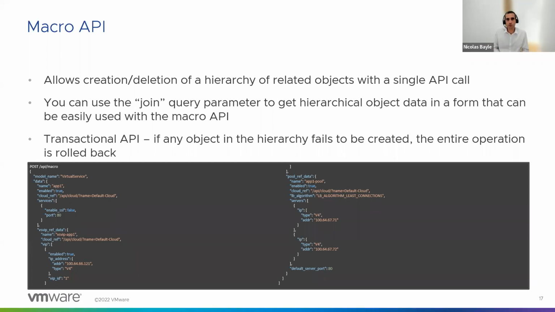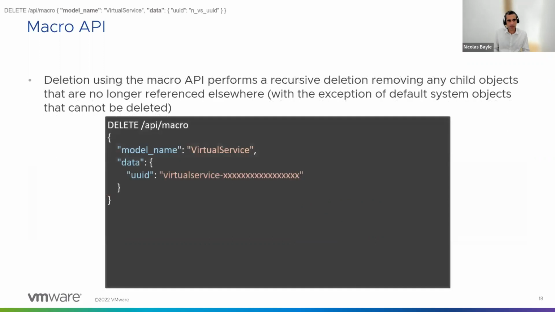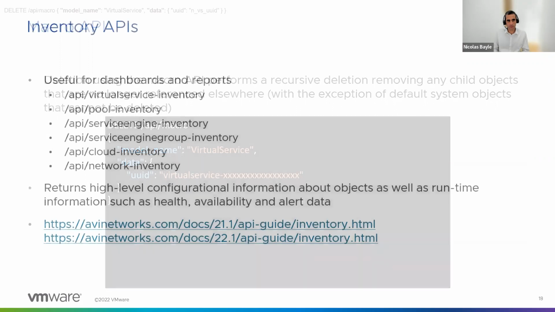And later, I will demonstrate how you can use those tools to interact with the AVI API. Same here, you see we delete one virtual service, and automatically all the related objects will be deleted with only one single API call.